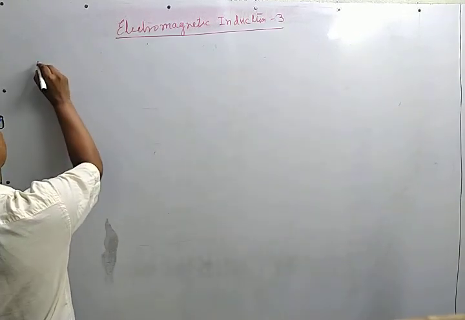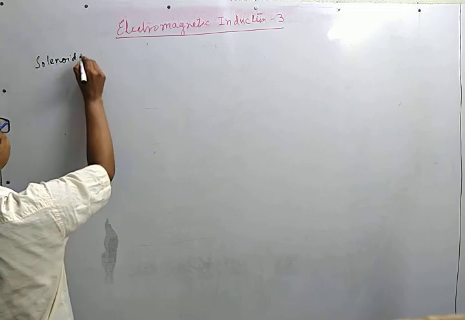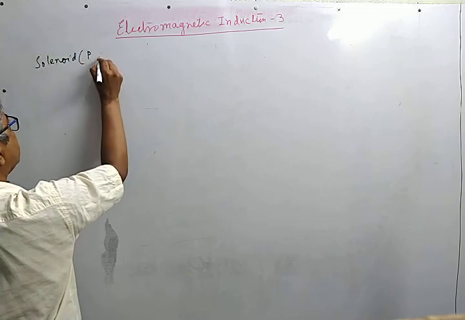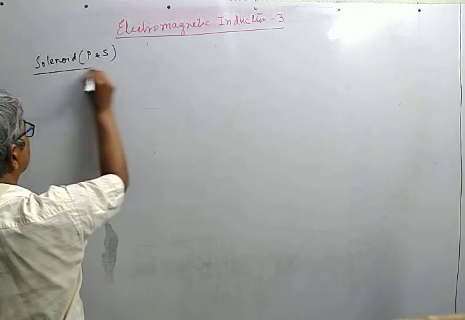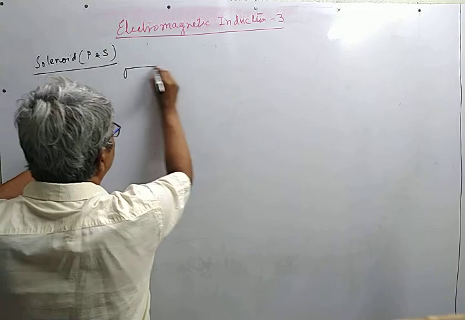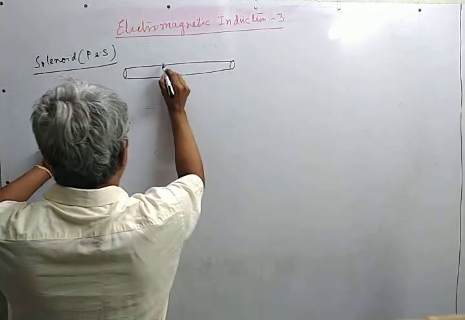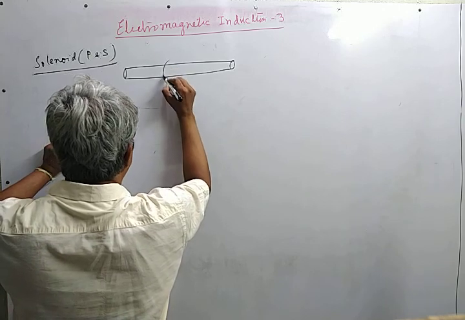So the standard solenoid comprises a primary and a secondary. This is not a single solenoid but a combination of two solenoids. This is the primary, and here we have the secondary one.